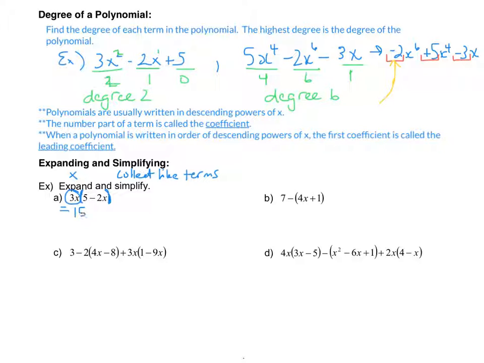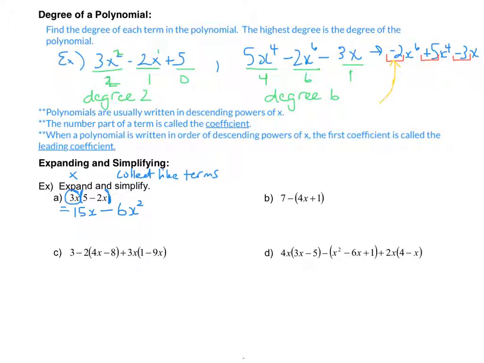We're going to end up with 15x. And then we have a 3x and a minus 2x that need to get multiplied. That's going to result in a minus. 3 times 2 is 6. x times x, we know should be x to the exponent of 2. Because x to the 1 times x to the 1, keep the base the same, it's x, and then add the exponents. 1 plus 1 is 2.